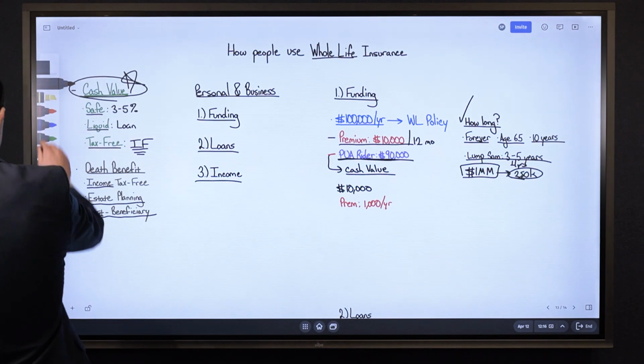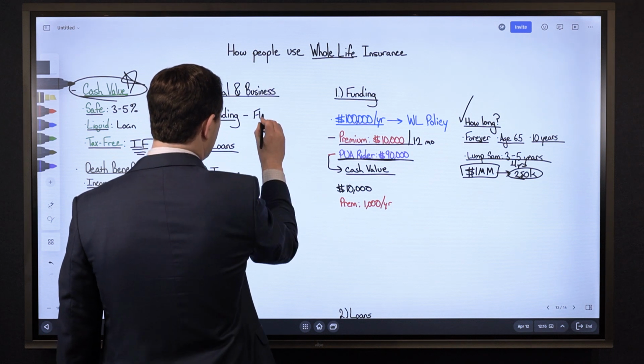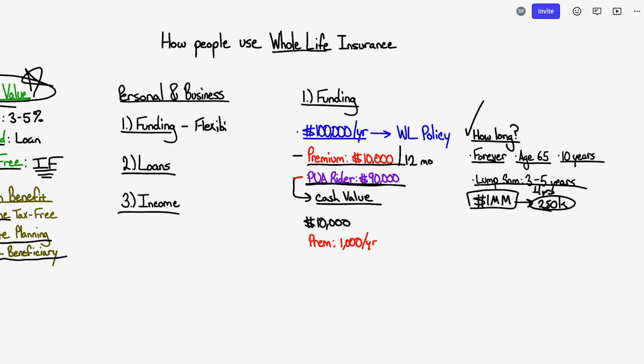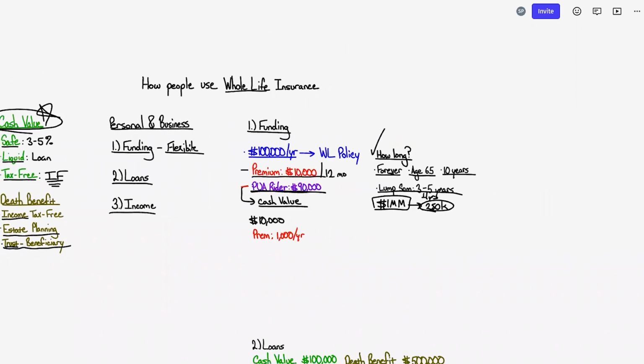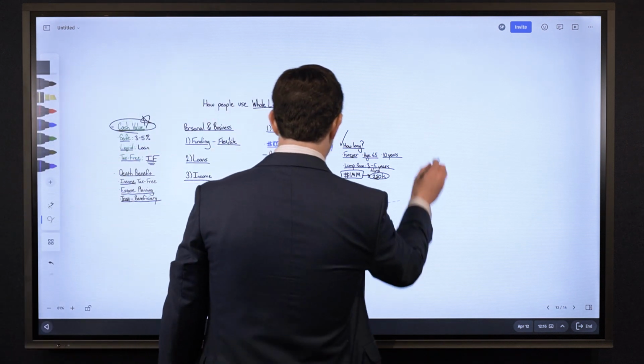But on the funding, main thing there, what people look for, how people use whole life insurance, is they set it up to be very flexible. This way, you're not committed to a bill. It doesn't feel like a burden that you have to pay the same dollar amount every month, every year. No, I'm going to be able to use it like a flexible savings asset and have fun with it.